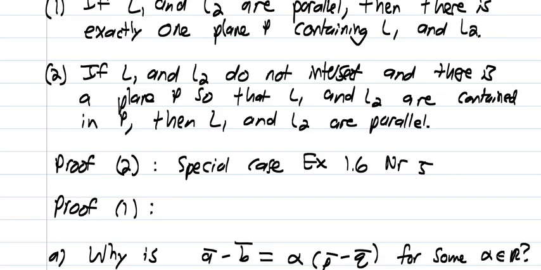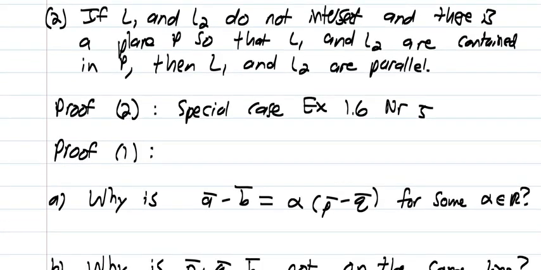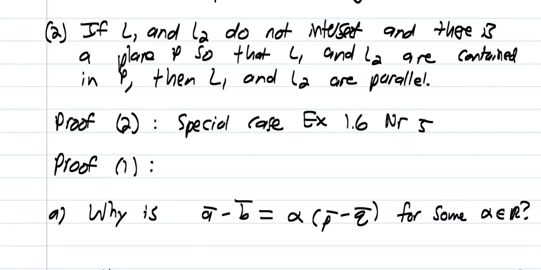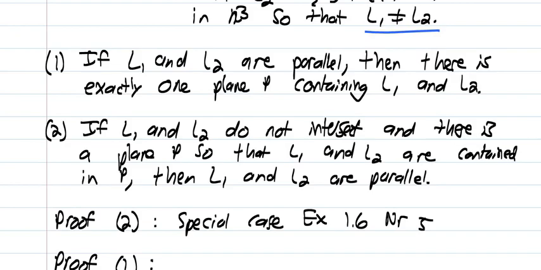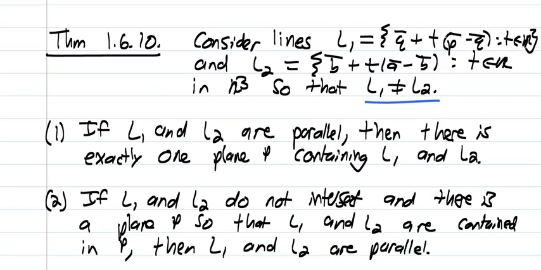All right. So the proof is again a comprehension question, so let's do the calculation. The first question is, why is A minus B equal to alpha(P minus Q) for some scalar alpha? Let's go back. Line 1 is of this form, so you can see the vector in front of the parameter is P minus Q. The vector in front of this parameter is A minus B. So remember, what does it mean for lines to be parallel?